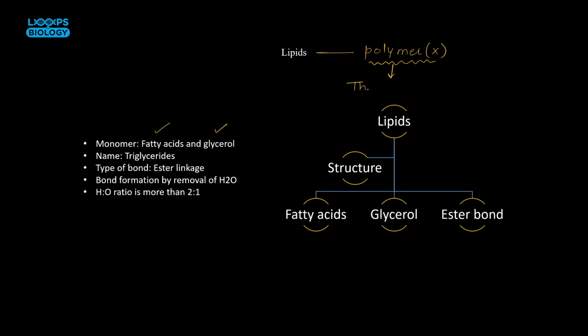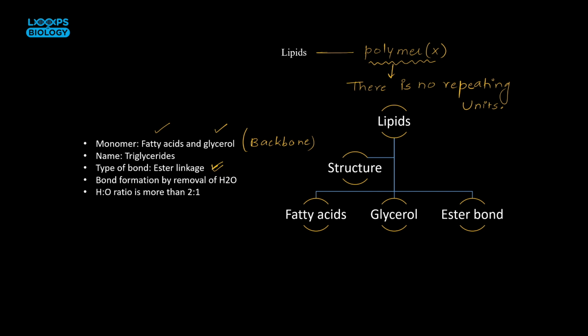Because there are no repeating units. Only a glycerol, which acts as a backbone of the structure. On that glycerol, the fatty acids come and attach directly through ester linkage.